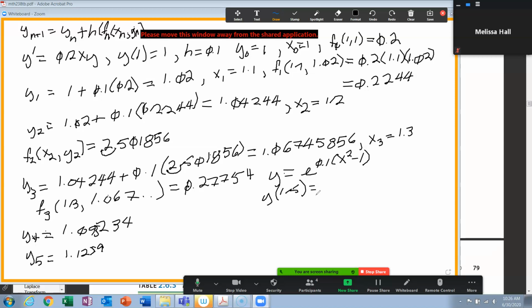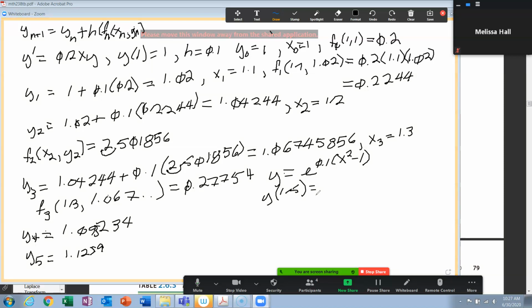No, sorry, I botched it. Start over. 1.5, square it, subtract 1 from it, equal, multiply that by 0.1. I forgot that step. Equal, that's 0.125.